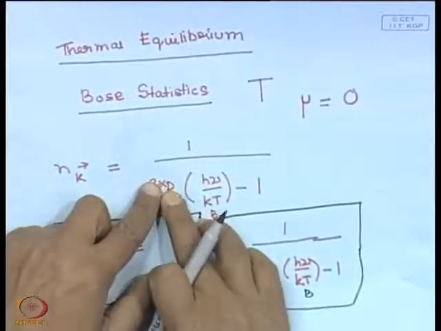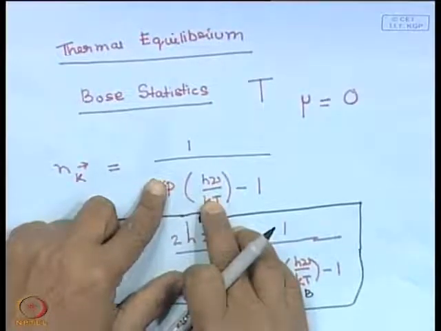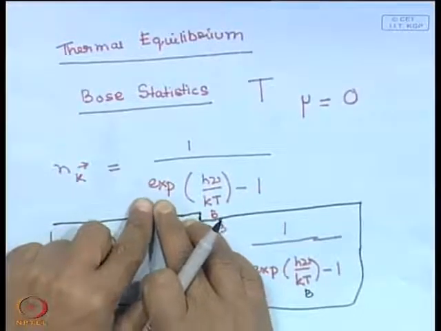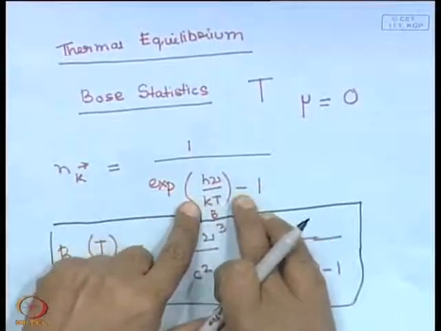then we can expand this in a Taylor series, and this will become 1 plus h nu by kT minus 1. So, 1 cancels out.